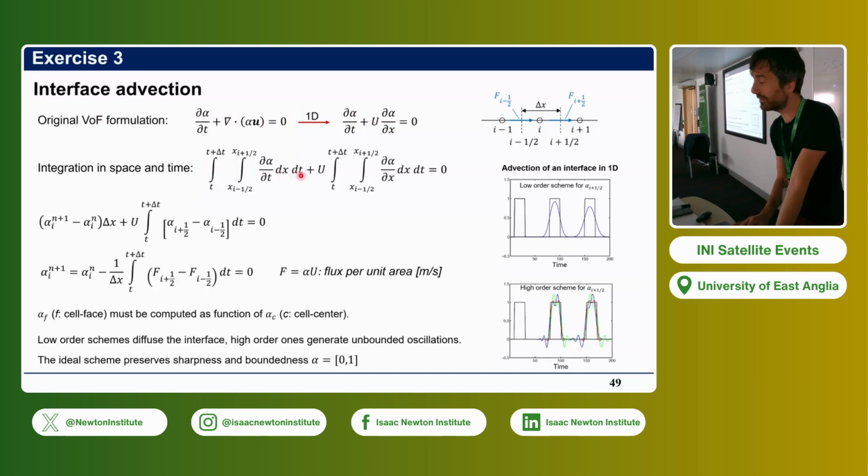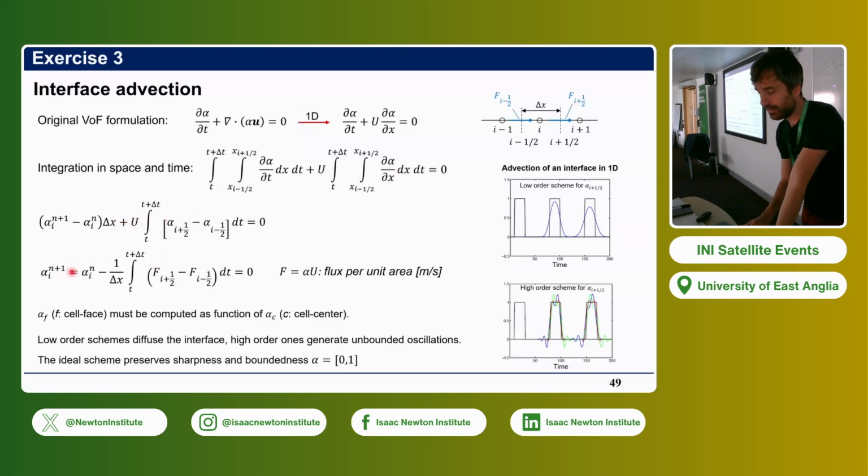You integrate it in space and time, then you solve your temporal integral just as volume fraction at the new time step minus volume fraction at the old time step times cell size, plus velocity is taken out of the integral, and you have the integral of alpha in time, alpha now evaluated on the faces of the cells because you have d alpha over dx. So essentially you must know the flux of alpha on the faces of the cell, which, if you multiply u by alpha, you get the flux.